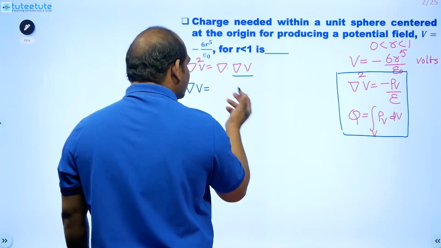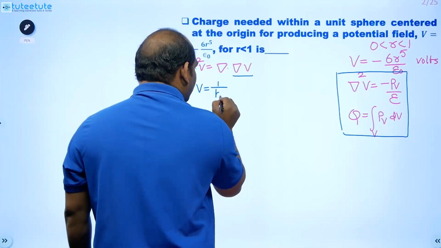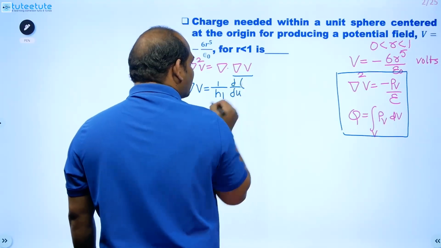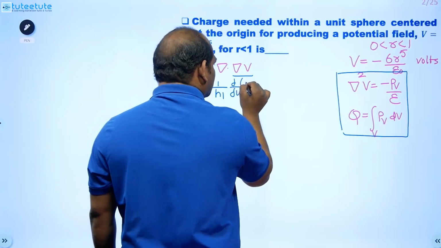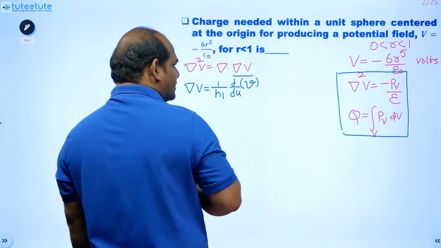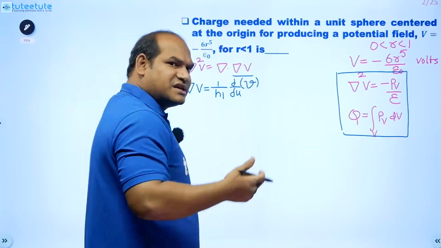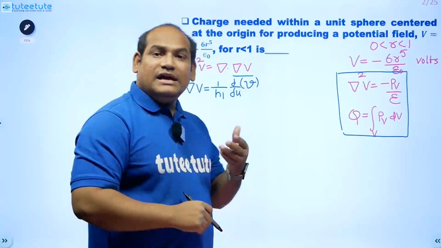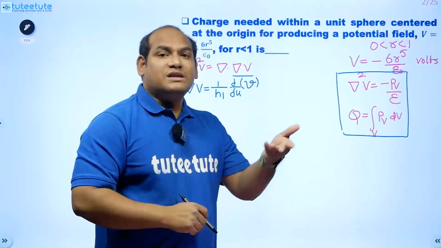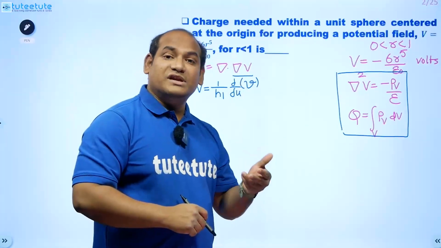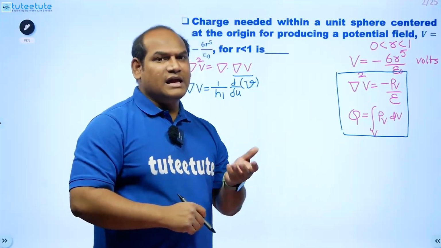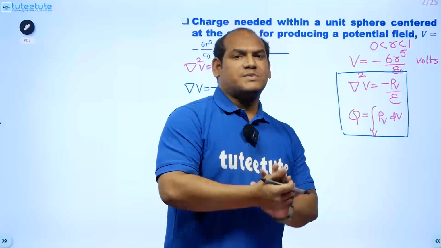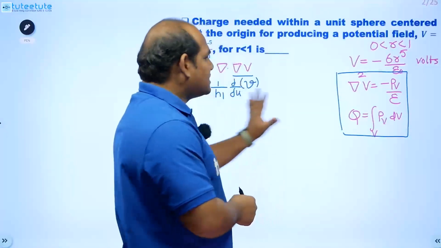For that, the general formula is given by 1 by h1 dou V by dou u, whatever scalar quantity we are taking, that is V. V can be a function of x, y, z if it is represented in the Cartesian coordinate system. V can be a function of rho, phi, z in the cylindrical coordinate system, or a function of r, theta, phi in the spherical coordinate system. We are using the spherical coordinate system, but I am giving the general formula.